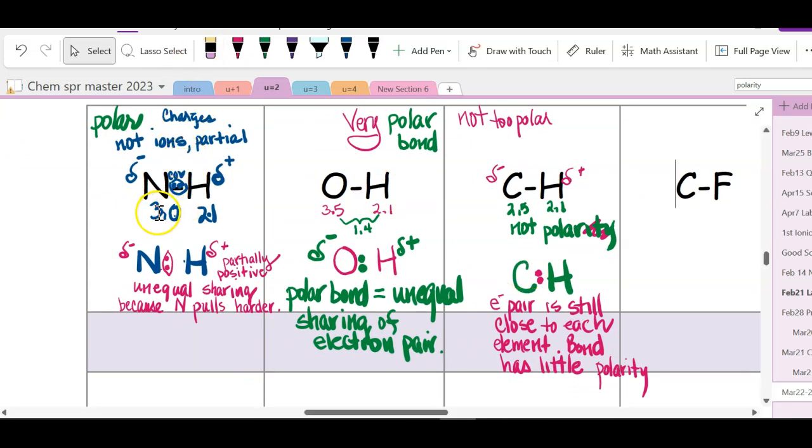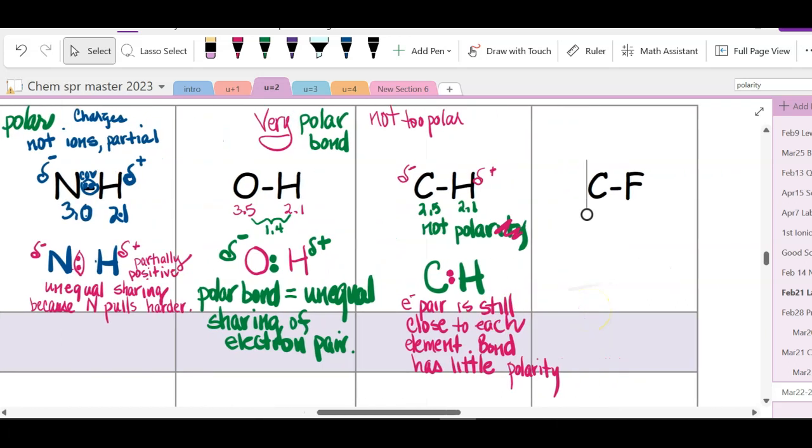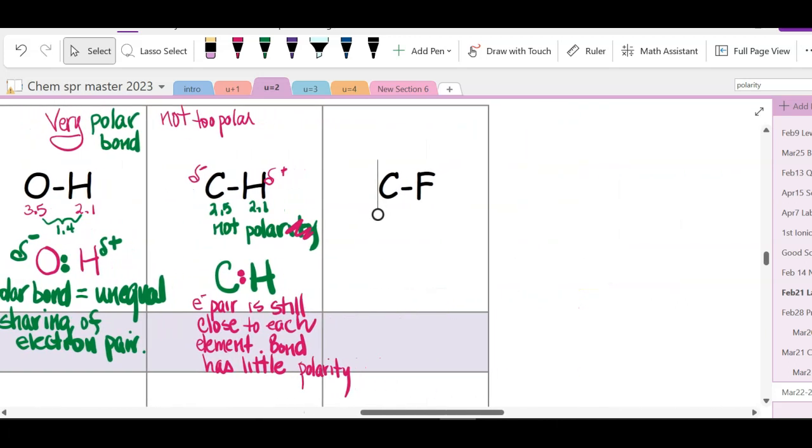All right. This is 0.9 difference, so this is considered polar. All right, because nitrogen's hogging the electron pair, but it's not hogging as much as oxygen is. So these highly electronegative elements like oxygen, fluorine, chlorine, etc., nitrogen are electron hogs. They hog the electron pair.